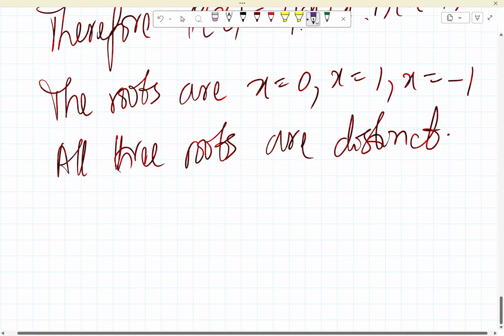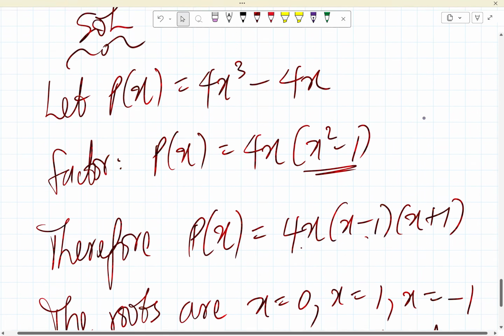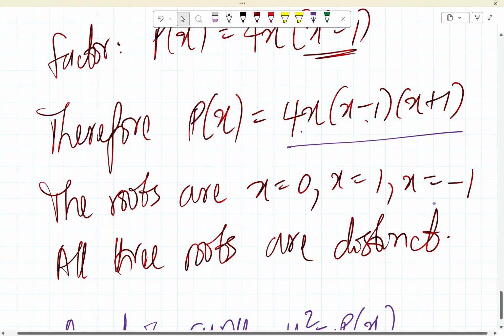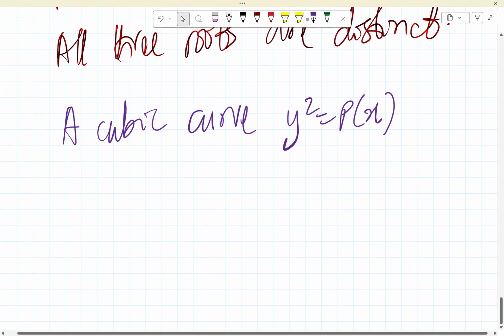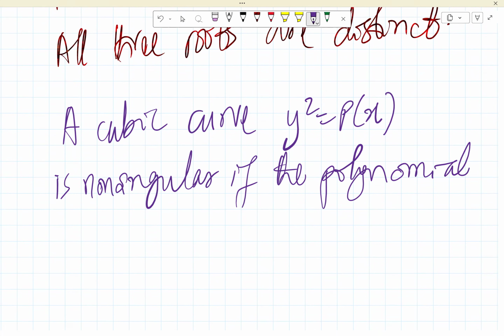So with that in place, we can then go ahead to say that a cubic curve y squared equals p of x, p of x being this expression now, is non-singular if the polynomial has no repeated roots.